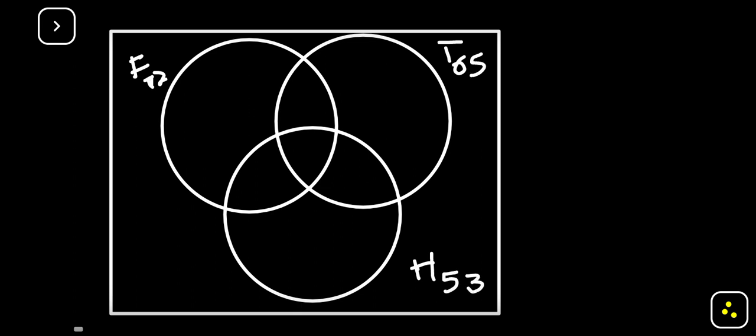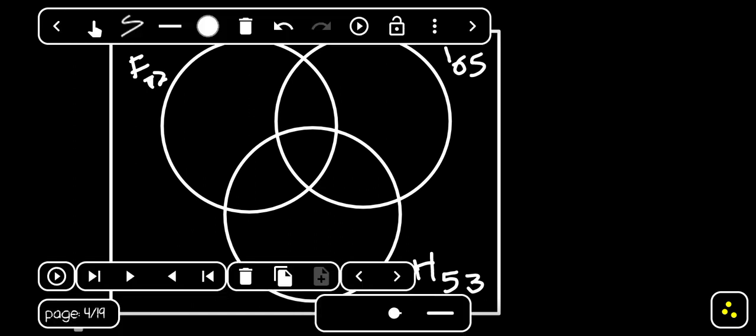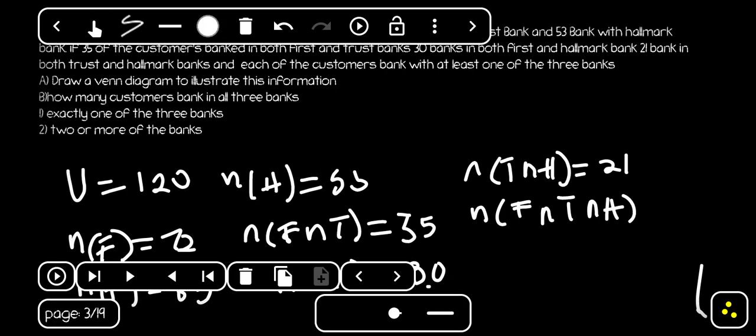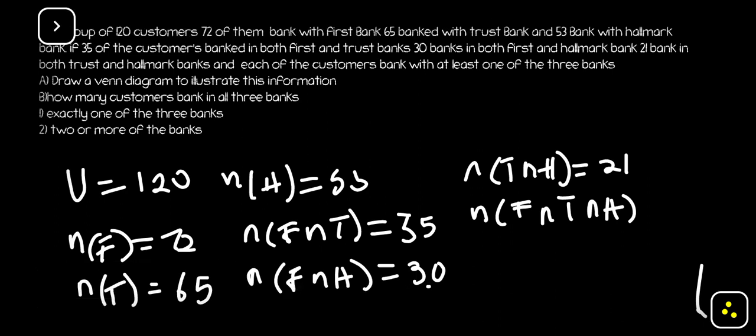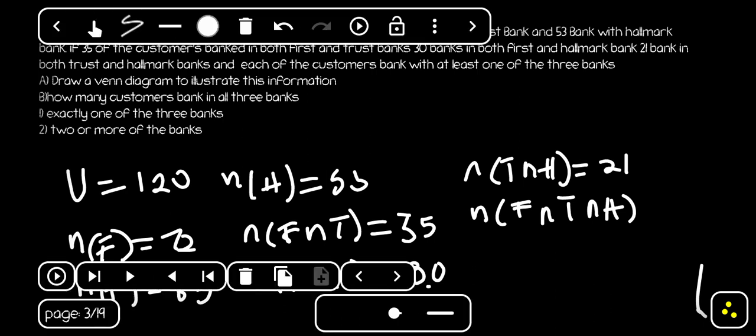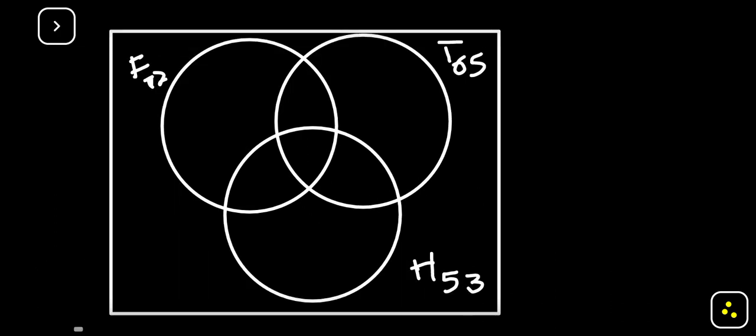Now, what other information do we have? The universal is 120, but we have the intersection between the First Bank and the Trust Bank, 35; between the First and the Hallmark Bank, 30; and Trust and Hallmark is 21. Let's put that in. First, we know the universal is 120.